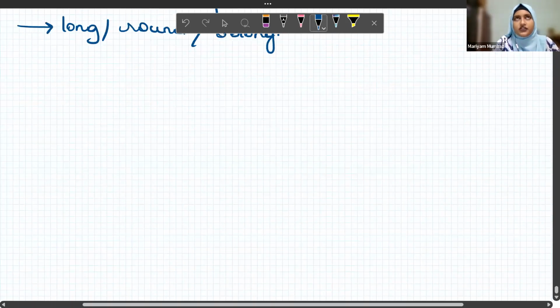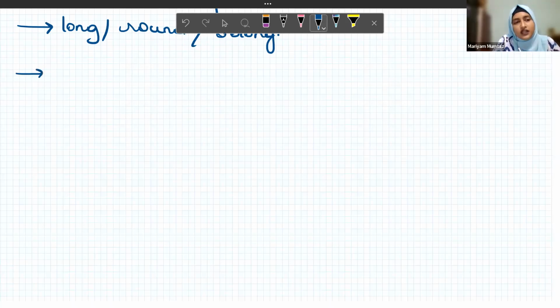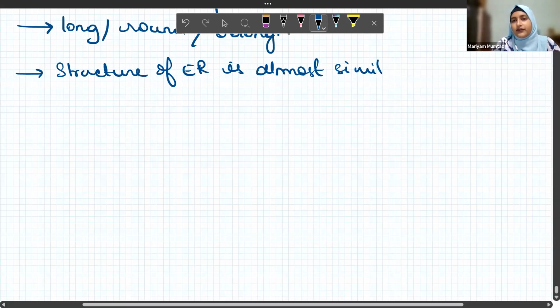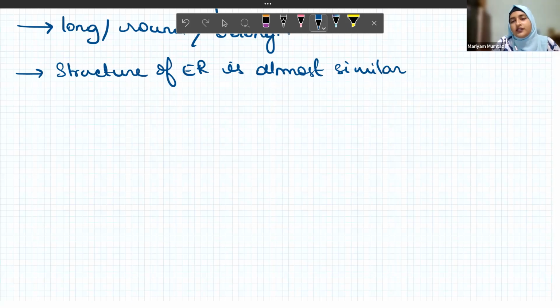Now, we studied the structure of plasma membrane, right? So the structure of endoplasmic reticulum is almost similar to plasma membrane, because plasma membrane was also two-layered, right? Yes. So it is almost similar to plasma membrane.